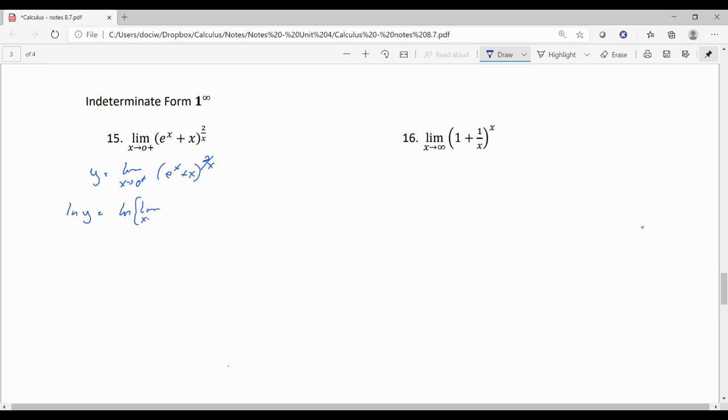The natural log of the limit of e to the x plus x to the 2 over x. And we've also explored in the past that if I have the natural log of the limit of a function, that's equal to the limit of the natural log of that function.